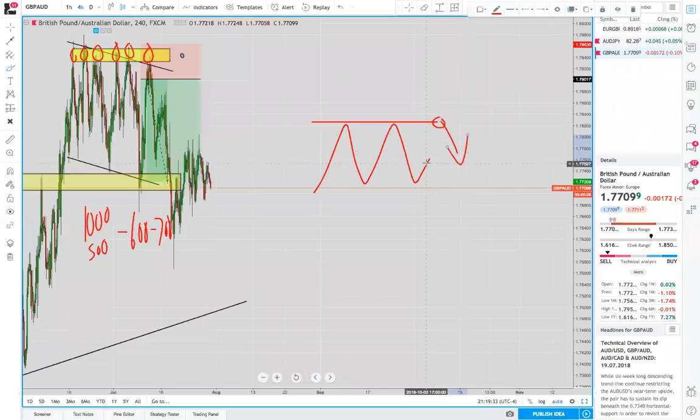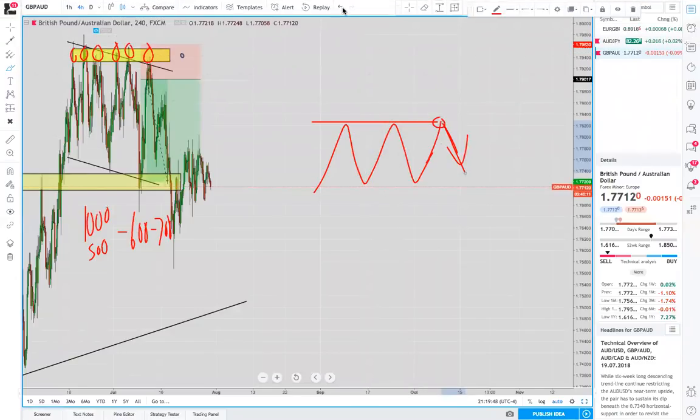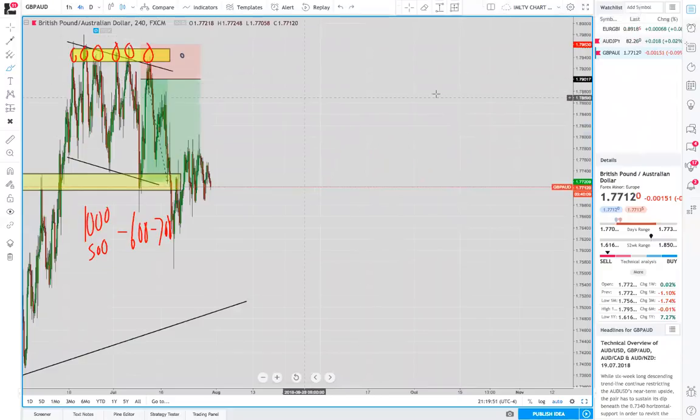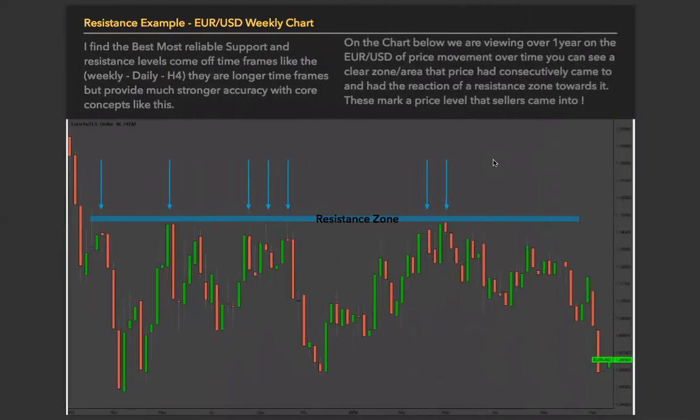Being able to be part of a move, the trader that says, I'm going to look to buy it on the way up there and then sell when it gets there, is also something we can look at in expanding support and resistance. It's not just waiting for it to get here again, but even trading it on the way there, and then seeing if it has that reaction. That's what I mean by a final destination in price.